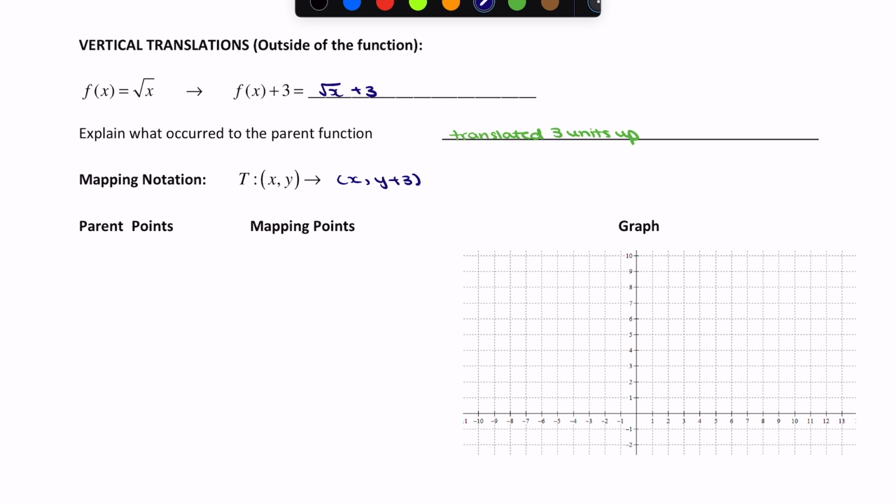And so here, if we write our parent function in our table of values, y is equal to square root x, and this is the same each time, our x and y values. So for our x values 0, 1, 4, and 9, and our y values are 0, 1, 2, and 3.